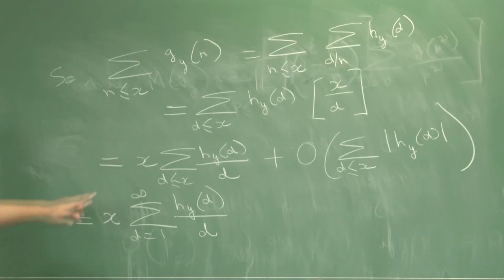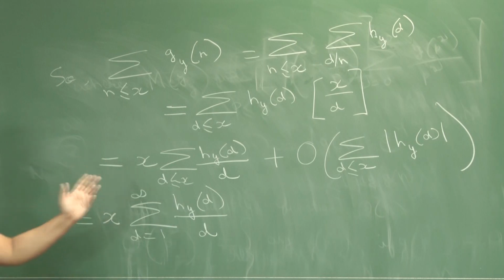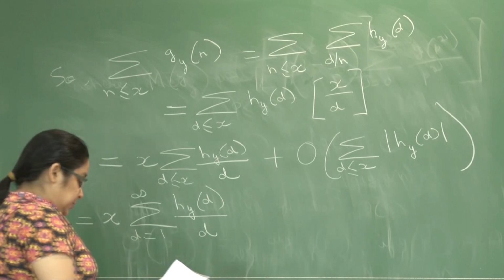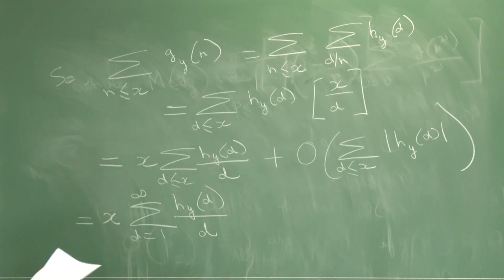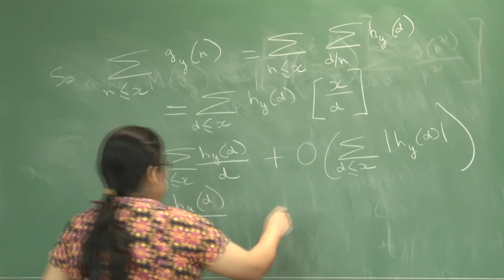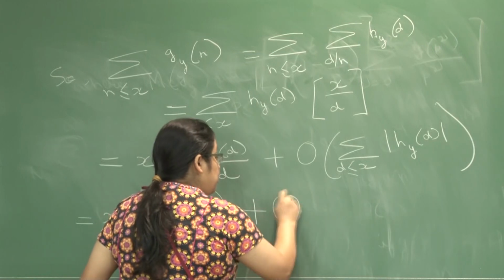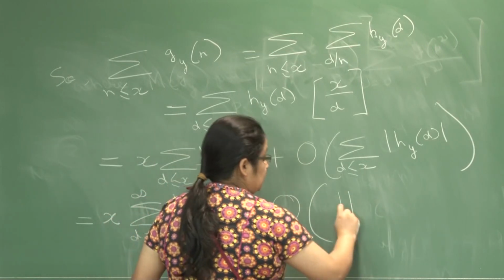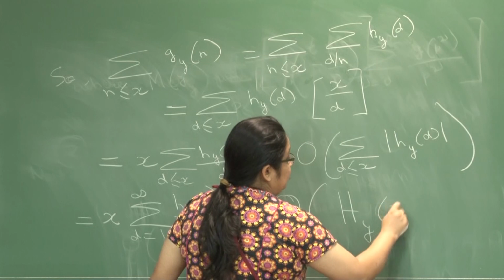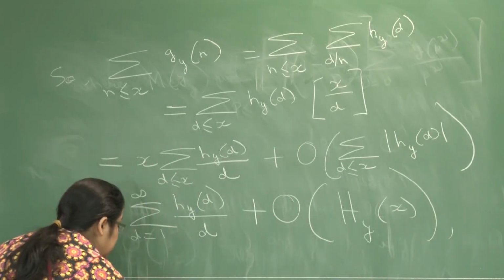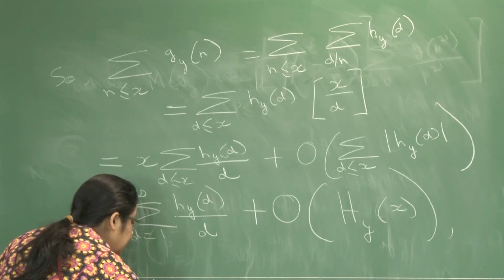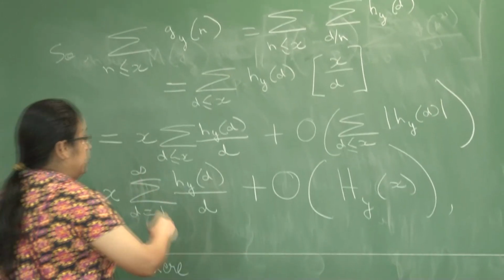Then from this we have to remove those numbers d which are greater than x. So, what we do is, we write this as plus O of another function h sub y of x, where what is h sub y of x?